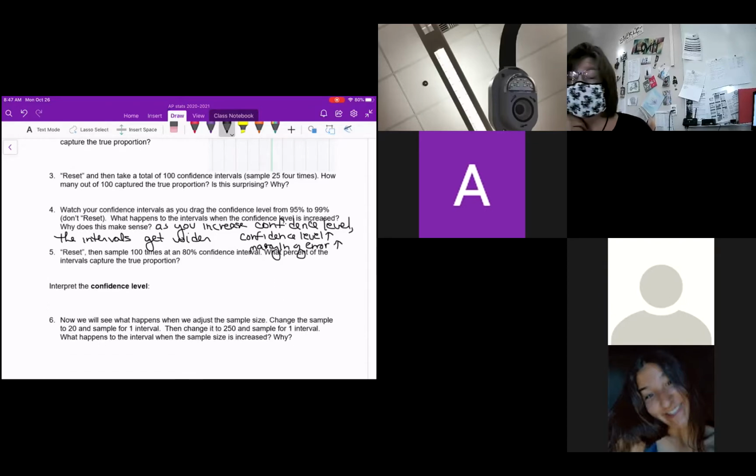Let's talk about interpreting. You're going to be asked to interpret two things. Previously we interpreted the confidence interval. This time we're interpreting the confidence level. There are two different interpretations.